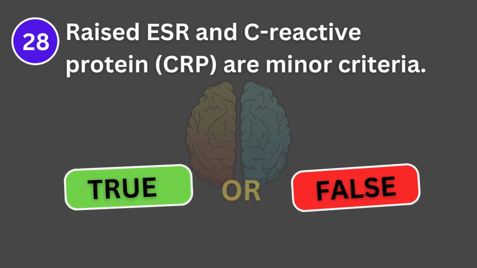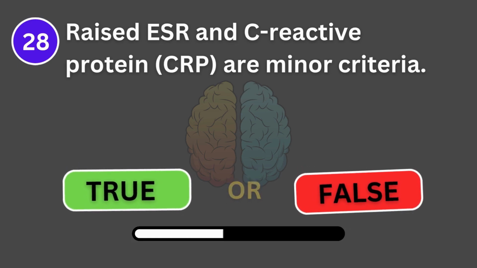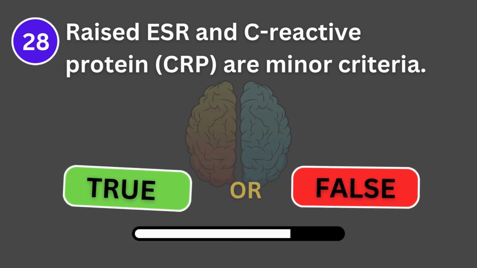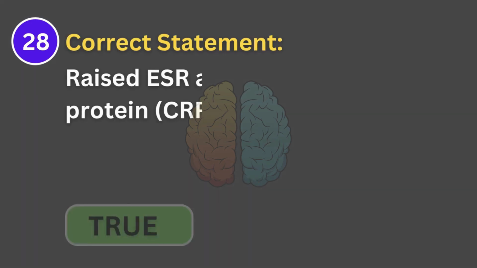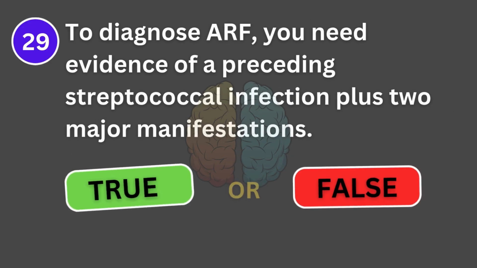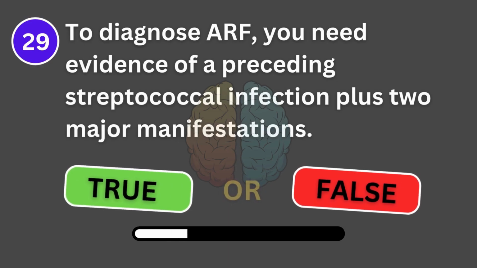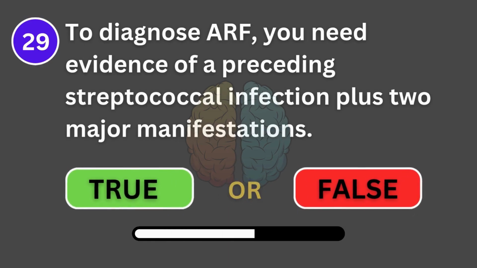Raised ESR and C-reactive protein, CRP, are minor criteria. To diagnose ARF, you need evidence of a preceding streptococcal infection plus 2 major manifestations.